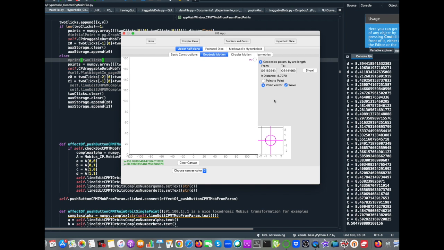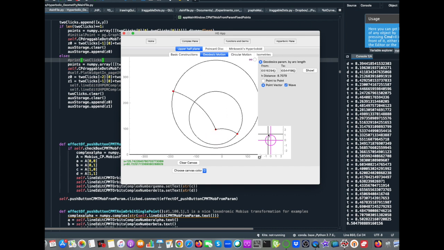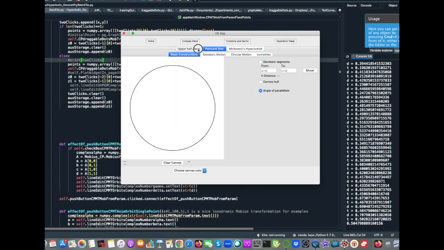Now suppose that the surface is the hyperbolic plane. How will it look? So again, I fix my point, and now you actually see the wave. Yeah, so that's how the wave looks.